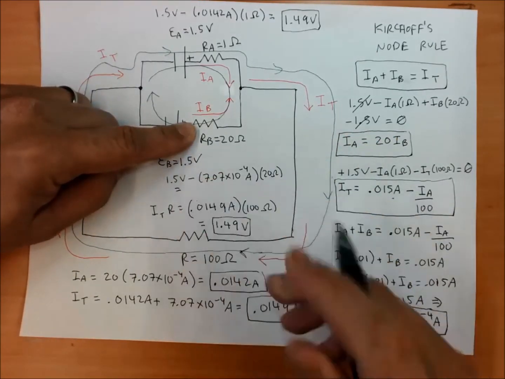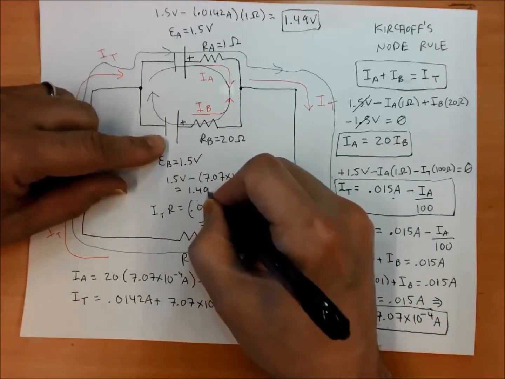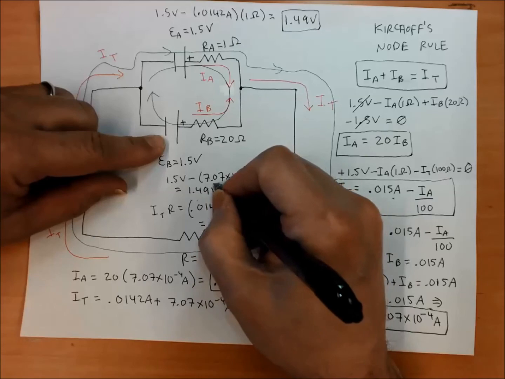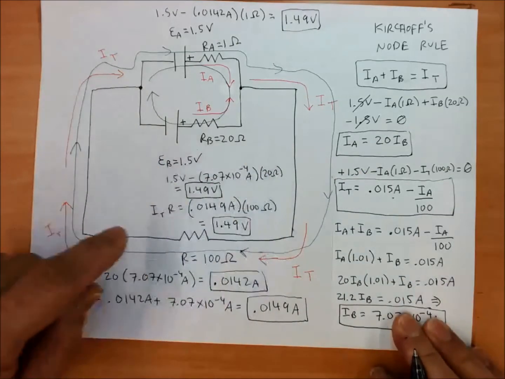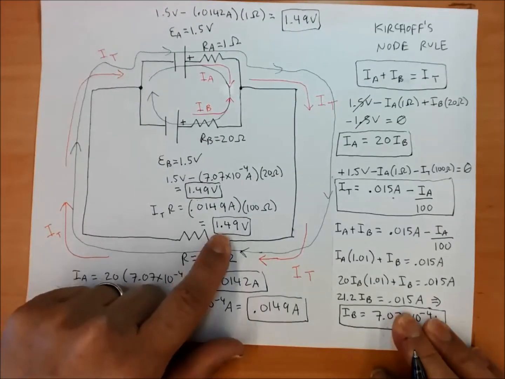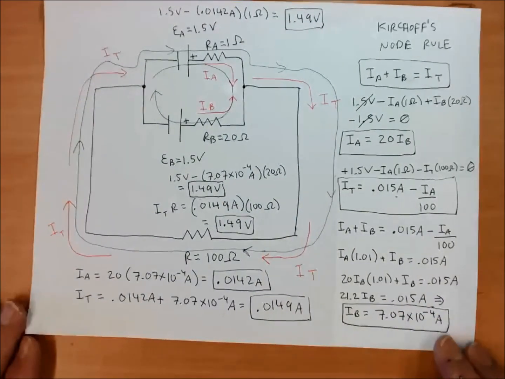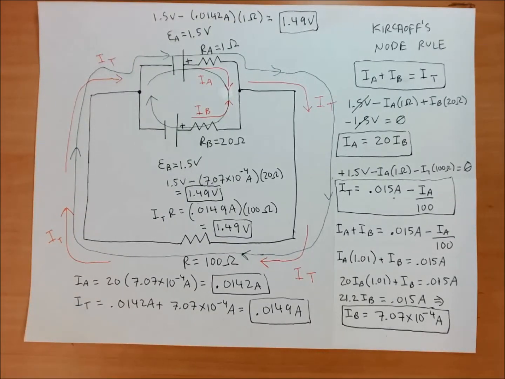And when I work that out, I should also get 1.49 volts. And I encourage you to do that on your calculator and verify that all of these, in fact, are all equal the same number of 1.49 volts. A good check on my work.